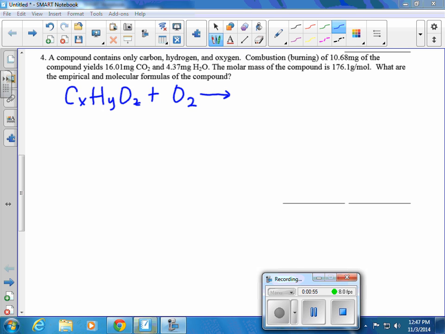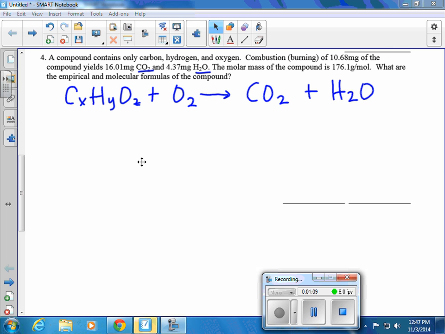And it says it yields carbon dioxide and water. So we have a certain amount of carbon dioxide plus water, but again, I can't balance the equation because I don't know what my original compound is. But I do know the amounts. So it tells us that we have 10.68 milligrams of this.